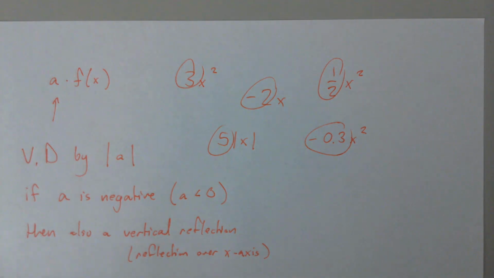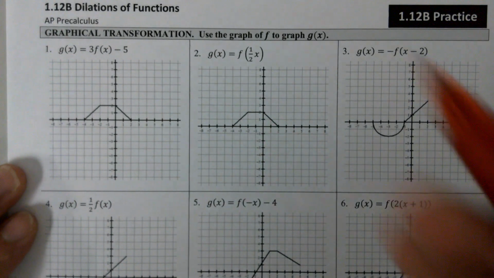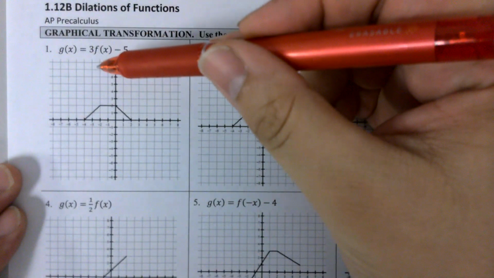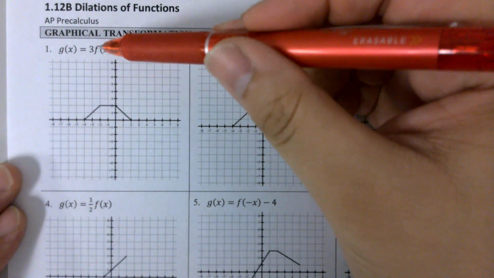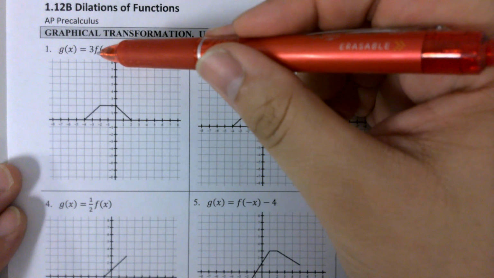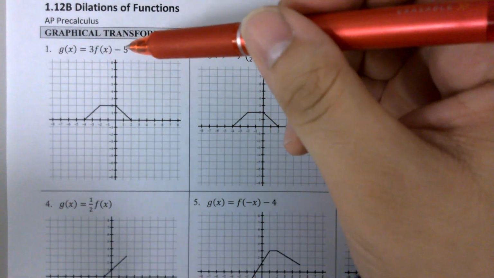But now that we're able to identify vertical dilations, let's talk about what that does to all of our points. So first, let's look at number 1. For number 1, we have this 3 out in front of our function, and then we have this minus 5. So first we have a vertical dilation by 3, and remember we have to do our transformations from left to right.